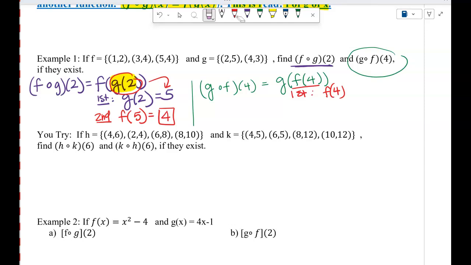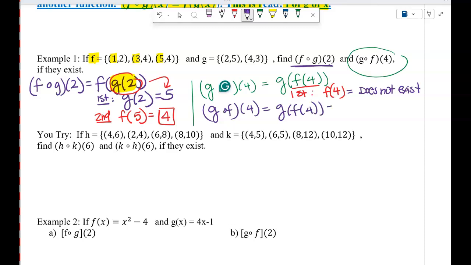I'm going to look over to my f function. I want to find an x value of 4. That does not happen. Since we don't have an x value of 4 in f, this does not exist.